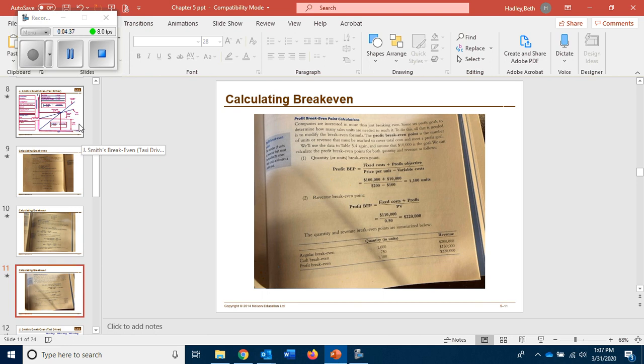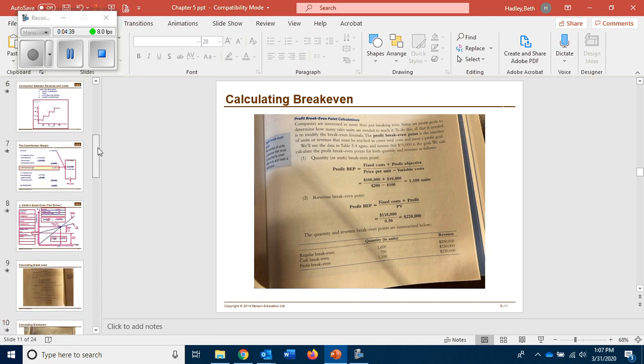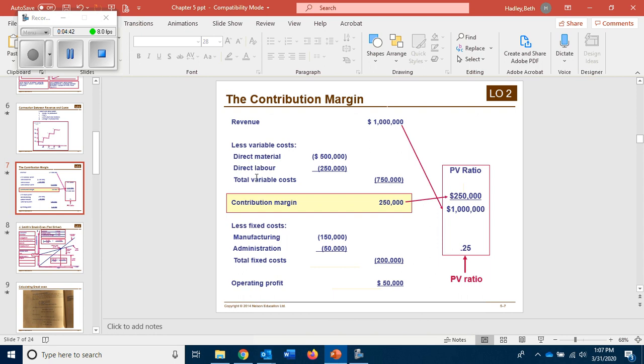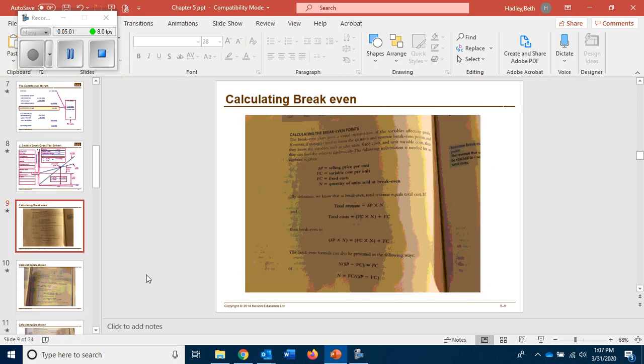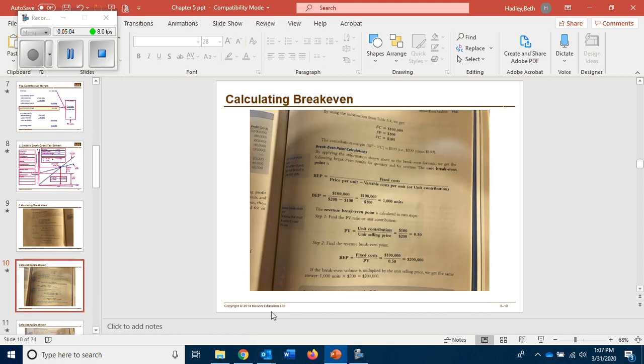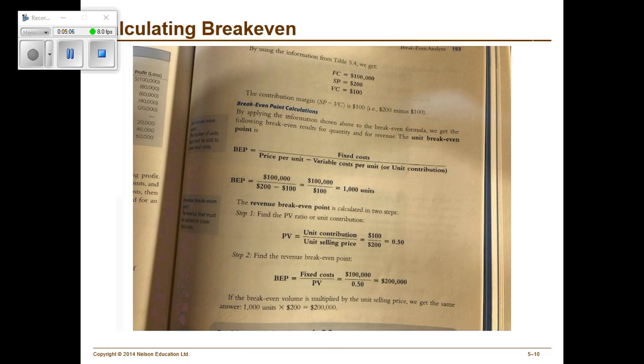When we were talking about our vertical analysis, that's your 100%, that's 75%, and this was 25%, your profit volume, your PV ratio is 0.25 or 25%. If we want to look at it that way, in this case we have a selling price of 200.